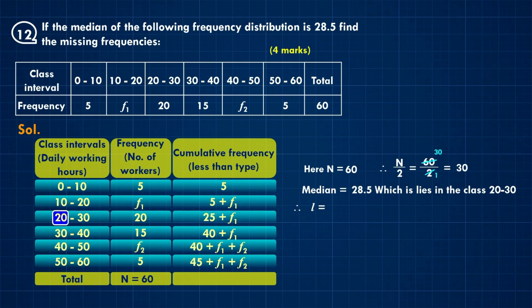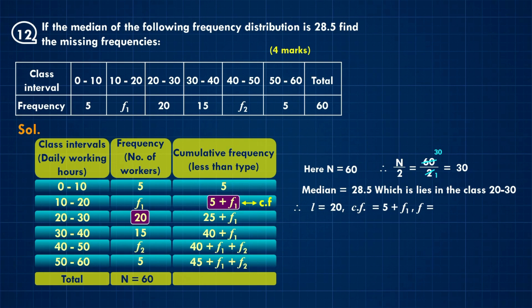Now 20 to 30 is the median class. So what will be the lower limit of this median class? That is 20. So L is 20 over here. What is CF? We know that CF is the preceding cumulative frequency of the median class. So in this case, 5 plus F1 is going to be the CF.